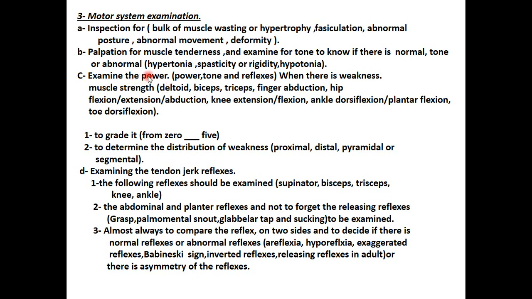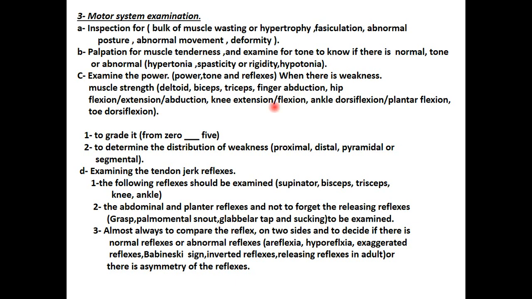Then after inspection of the muscles and examination of the tone, you have to examine the power of the muscles, which is very important. You have to know the strength of the muscle. For example, the deltoid muscle in action, biceps muscle in action, triceps muscle in action, finger abduction, hip flexion, extension, abduction, knee extension, flexion, ankle dorsiflexion, plantar flexion, and toe dorsiflexion.